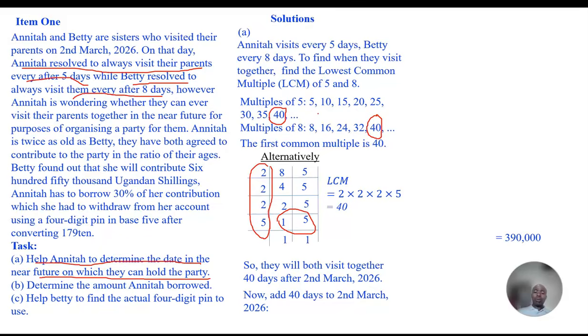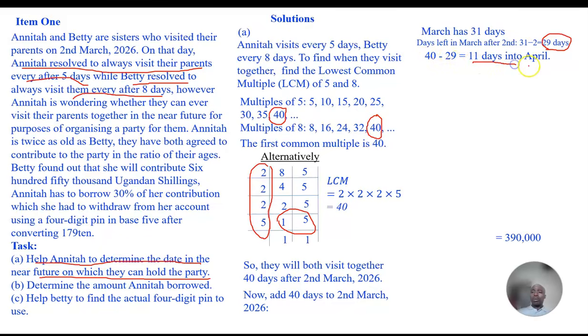The month of March will end after another period of 29 days, and only 11 days will be remaining. So we shall say days left in March after the 2nd will be 29 days, and then we shall get the remaining days, 40 minus 29, which is 11.